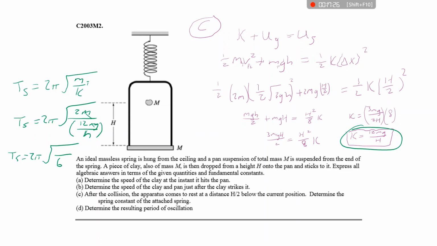So it's just 1 over 6g. Oh, I've got one more thing. What is the bottom one? That's h, so that should go on top.